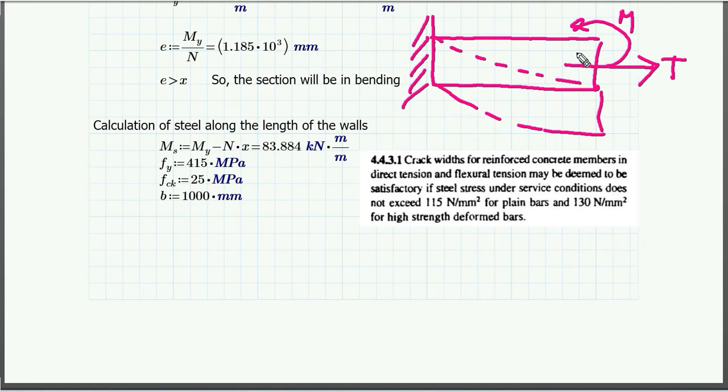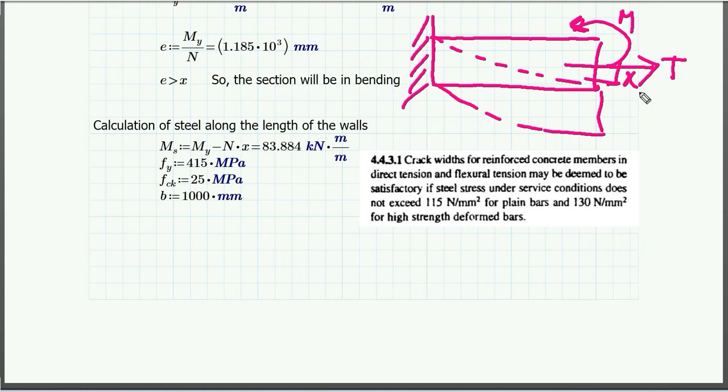But if along with the moment a tension force is applied, then what will happen? This tension force will eventually resist a certain portion of the moment that is being applied, and the deflection will be less, because this moment will try to rotate this particular structure, right? And what will be the lever arm?